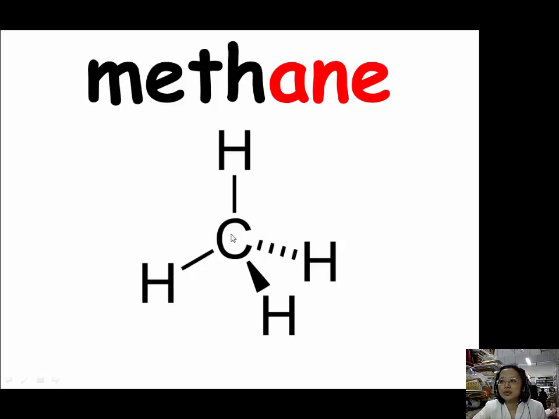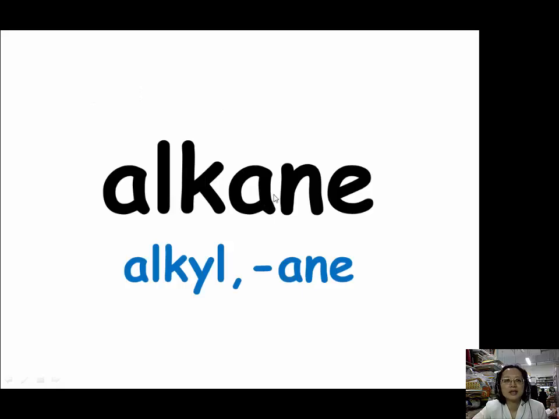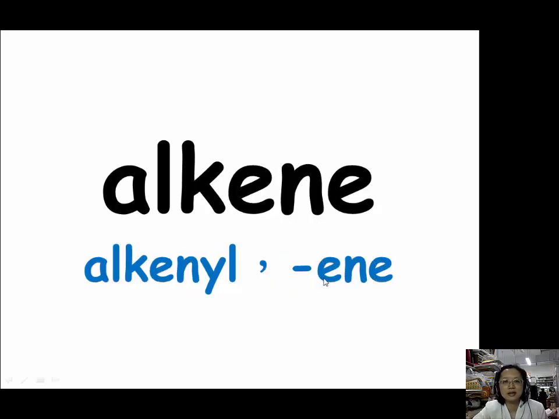In organic chemistry, methane can also be referred to any of very many derivatives of methane. Let's review what we just learned. For alkane, we have one prefix, that's alkyl, A-L-K-Y-L, and ane, the suffix.